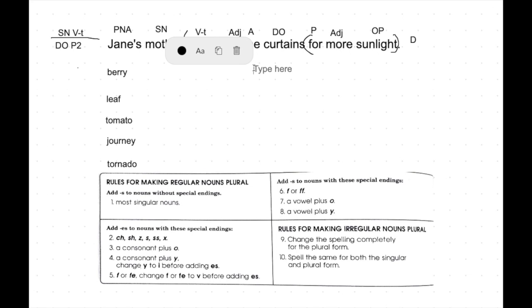We'll do a few more. Axe. Elf. Shelf. Mouse. And let's do box. Okay, you should be able to pause the video now and make all of these nouns plural on your own, and then you can watch how I do it and we can do it together.